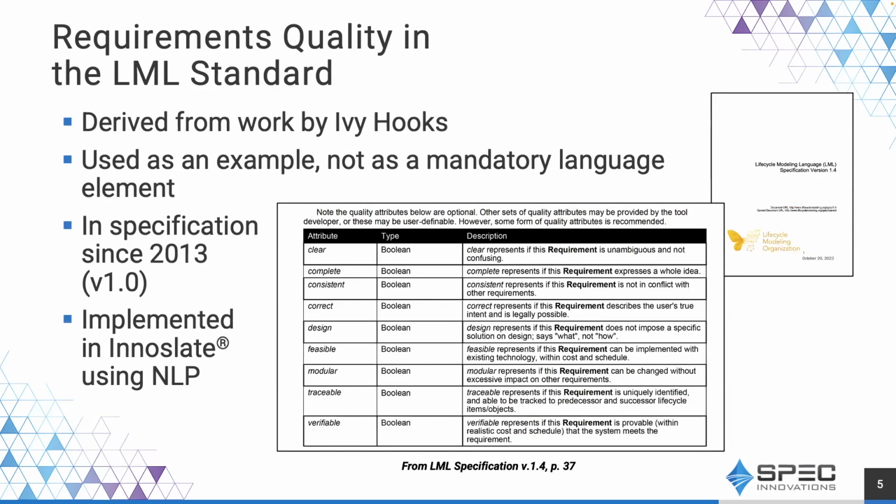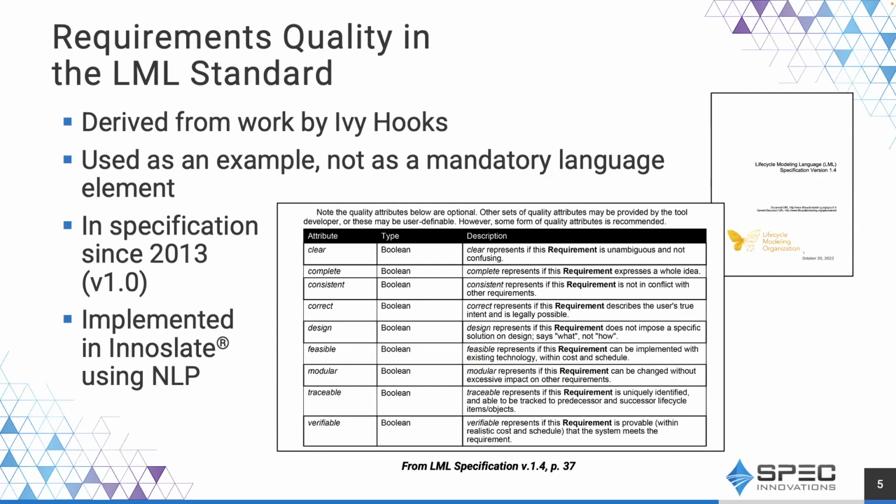So requirements quality, again, this was originally derived from work by Ivy Hooks. And so again, National Imagery Mapping Agency back in the early 2000s, using that as part of what we did for our systems engineering courses that we were teaching there. The key is that it's used as an example, and it's not a mandatory language element in the LML standard, but this was suggested as a set. And so this was the set we worked to.